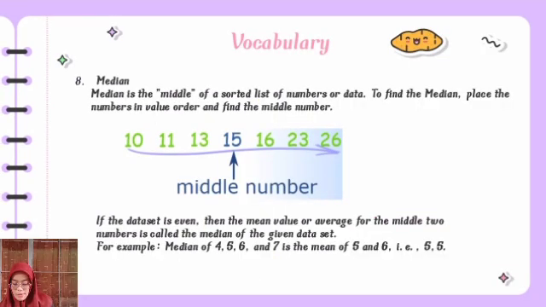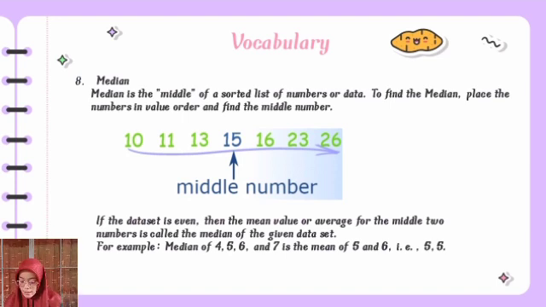Number 8 is median. Median is the middle of a sorted list of numbers or data. To find the median, place the numbers in value order and find the middle number. For example, the numbers 10, 11, 13, 15, 16, 23, and 26, and 15 is the middle number.